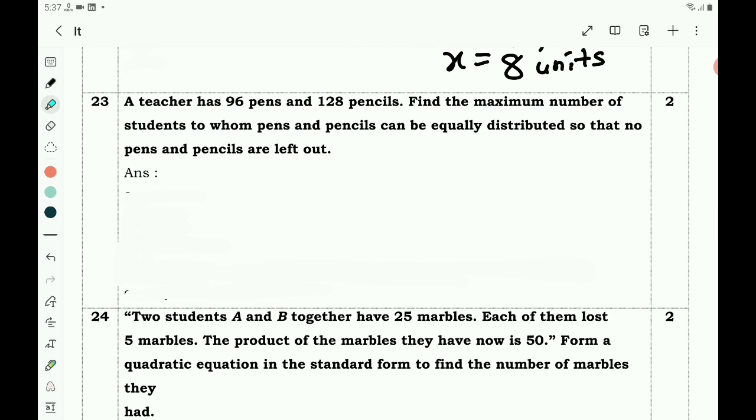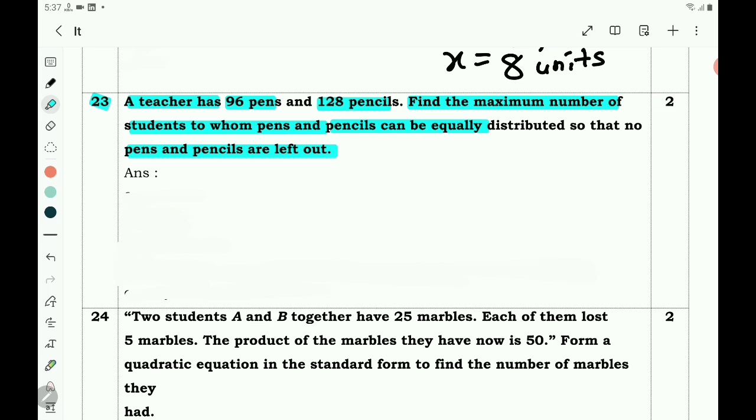The 23rd question. What is the question? A teacher has 96 pens and 128 pencils. Find the maximum number of students to whom pens and pencils can be equally distributed so that no pens and pencils are left out.